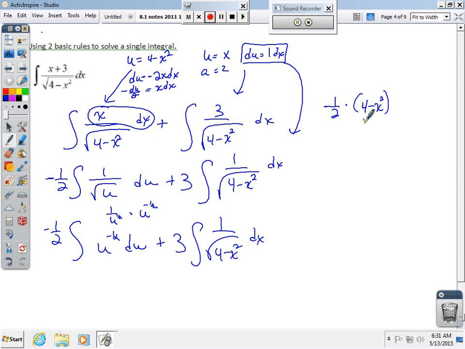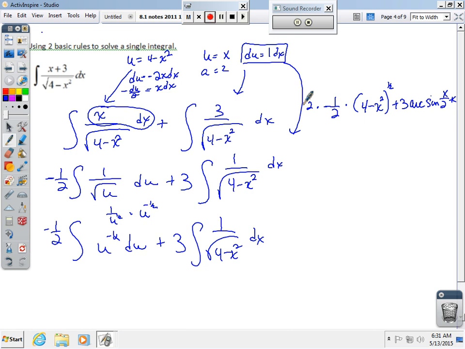Adding 2 over 2 to negative 1/2 is going to make that a positive half. Divided by 1/2, multiplied by 2, so there's going to be another multiply by 2 out in front of that. And then plus 3, and the integral for this is going to be, is that a 3 or a 1? That should be 3. Okay, 3, and then arc sine of u over a, and u is x over 2 plus c.